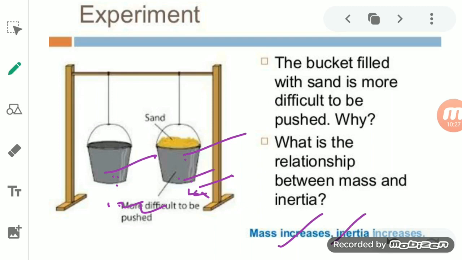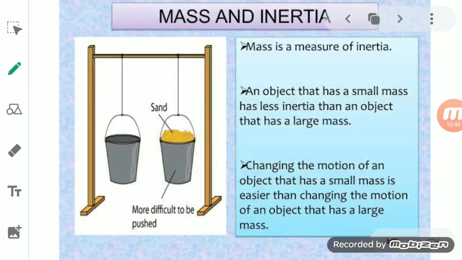An object which is lighter has less inertia, because it is very easy for us to apply force and change the state of a lighter object compared to a heavier object.